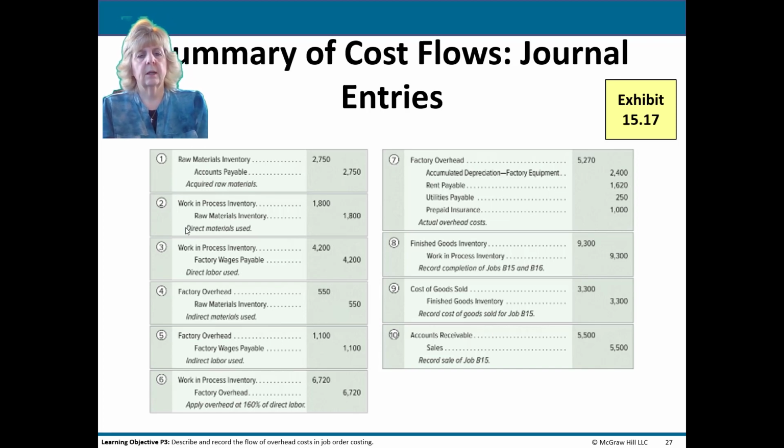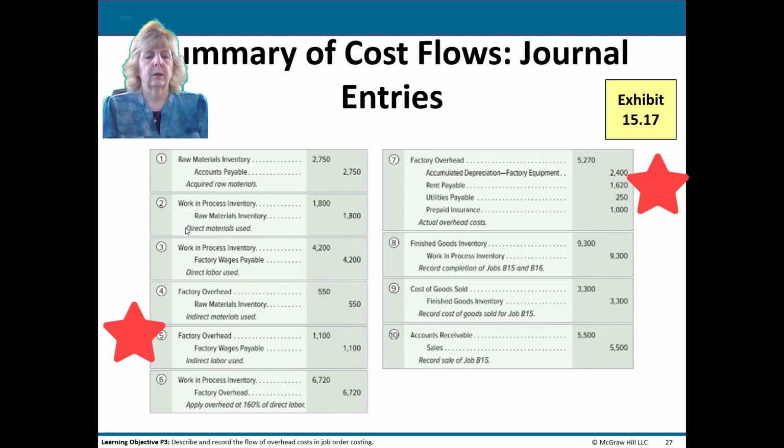The next set of journal entries you'll focus on are direct labor costs. We also have been working with overhead, and so the next set of journal entries relates to the overhead.